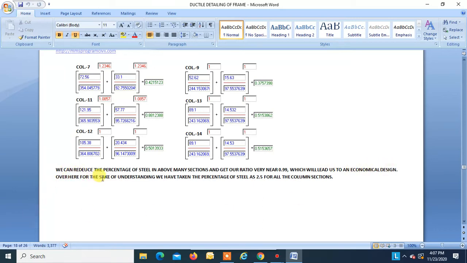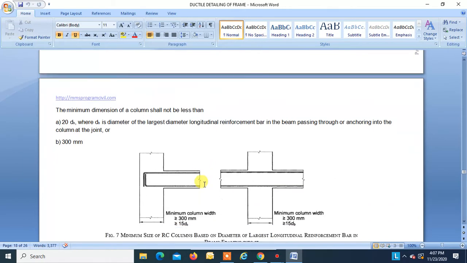For the sake of understanding, we have taken the percentage of steel as 2.5 for all the column sections. You can vary the percentage of steel and get an economical section, right? This is how we completed finding the longitudinal steel required in the column.